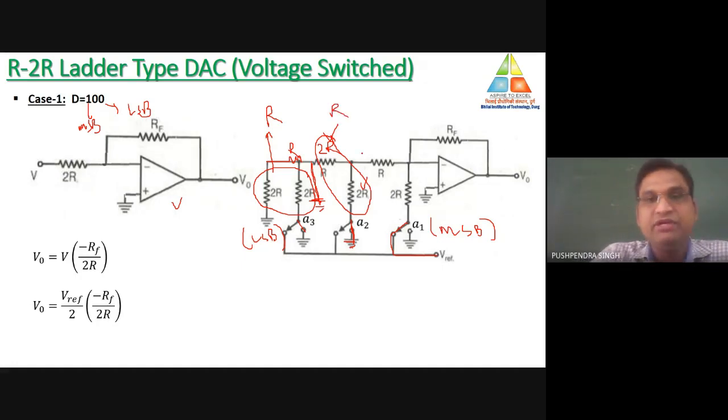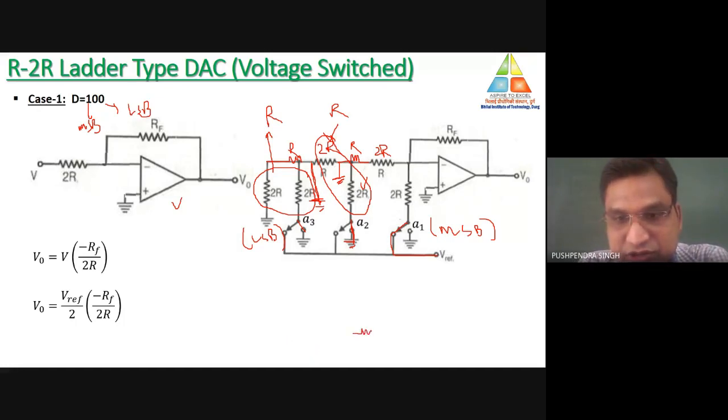Equivalent resistance will be R. So now again replace these two resistances by a single resistance R, and one side will be connected to ground. Now this R and this R will be equal to how much? 2R. This R and R will be equal to how much? 2R. So let us redraw this circuit.